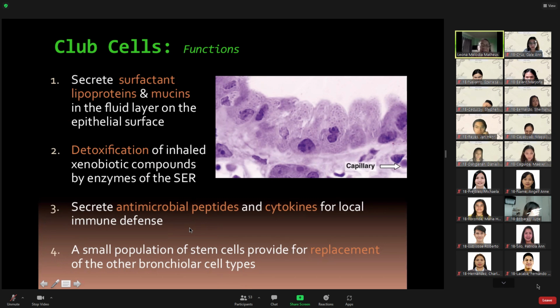Lastly, there's a small population of these cells that can act as stem cells, providing replacement for other bronchiolar cell types. In other words, a club cell can transform into another type of cell, so it can replace other bronchiolar cell types. They are a reserve population of cells. So these are your club cells. Don't forget, their function is quite important.